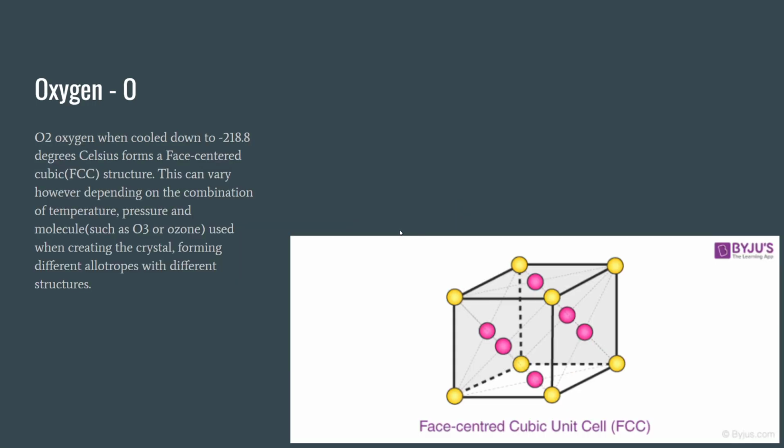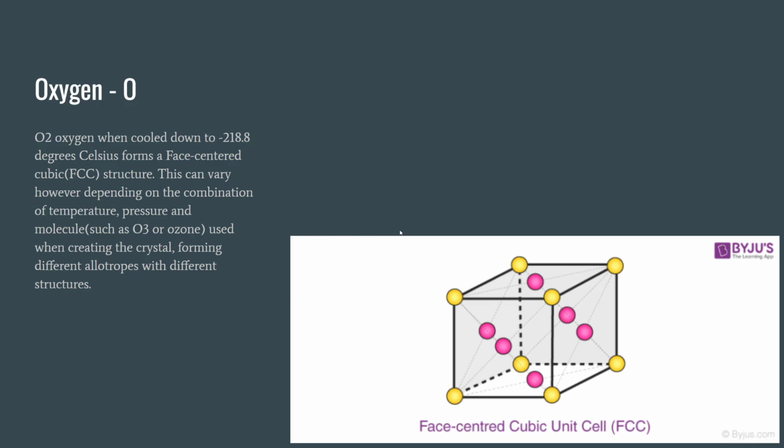Oxygen, however, normally in the atmosphere is a gas in its O2 form, but when cooled down to negative 219 degrees Celsius, it forms a face-centered cubic structure.